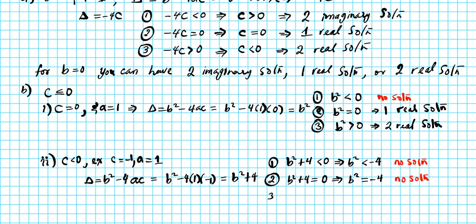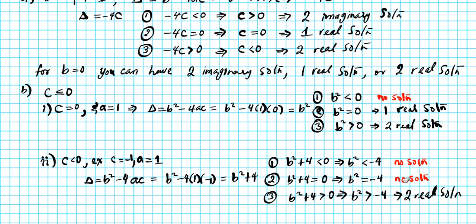And then case number 3, where b squared plus 4, the discriminant, is greater than 0. Does this make sense? In other words, if we subtract 4 from both sides, is it possible for a square to be greater than negative 4? Absolutely. All squares are greater than negative 4. So since this case works out, has solutions, when c is less than 0, you could have 2 real solutions also. Okay?